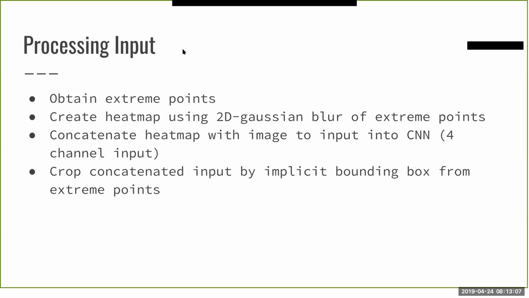It also crops the image based on that input. This crop is not super tight. They have padding on the crop because again, it wants some background information, not just all foreground. And it's possible that perhaps the extreme points were not perfectly created.